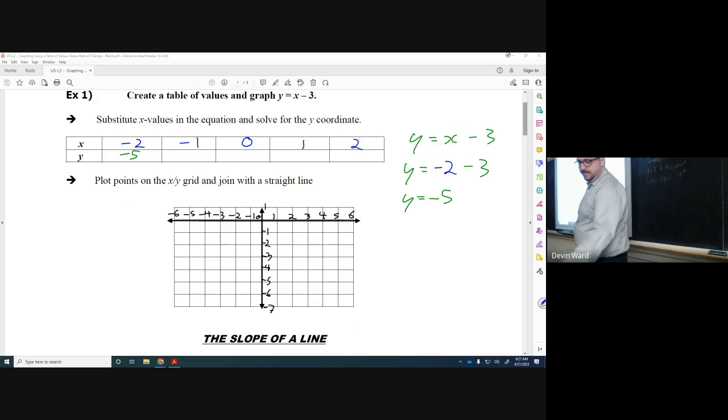Okay, so now I'm going to make a point at -2 and -5. So -2 can go all the way down to -5. There's my first point.